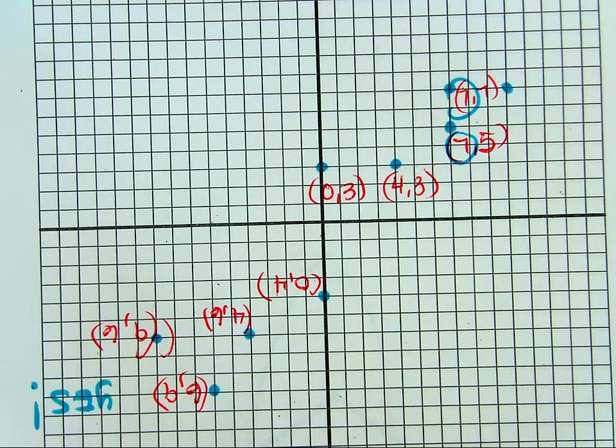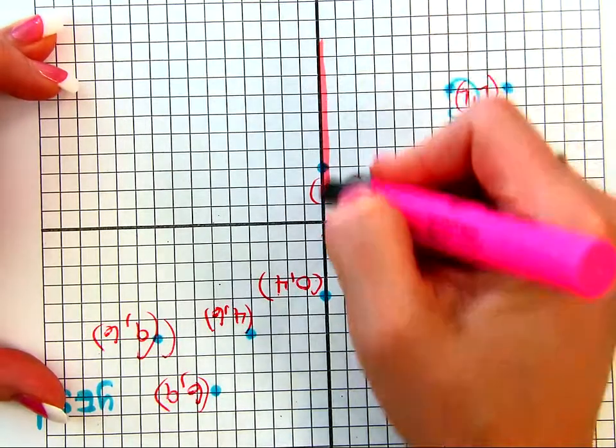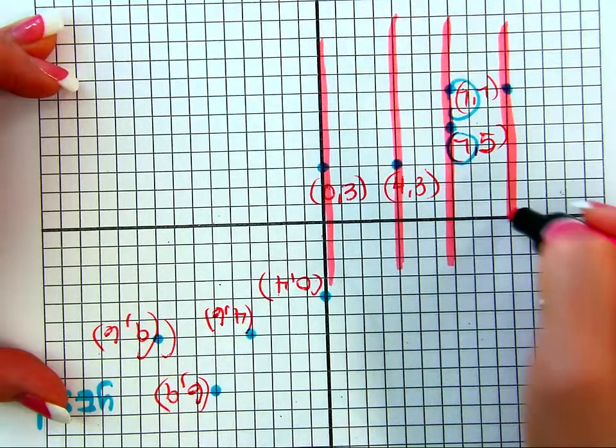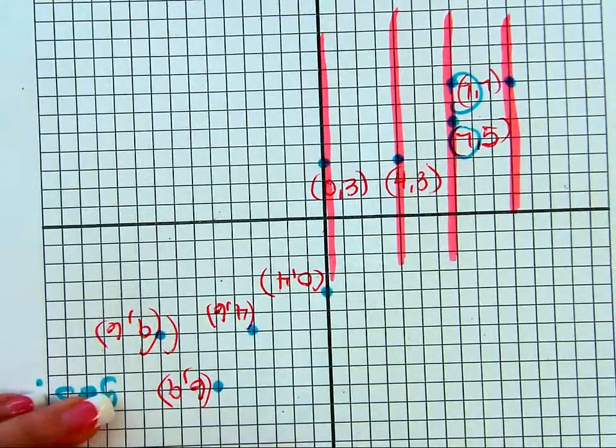Got me? Okay? So there is something, believe it or not, in algebra in the functions unit called the vertical line test. And it requires you to be able to draw a straight line up and down. And if you can do that, you'll be okay. Which means if I were to just draw a bunch of straight lines, how many points fall on each line? Actually, let's do this one first. Draw a straight line.